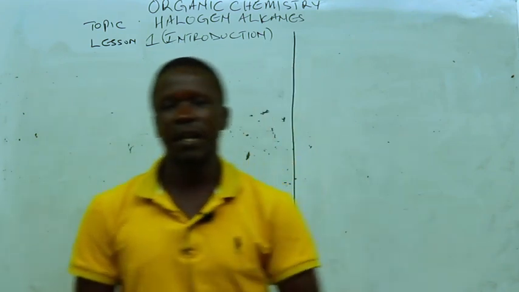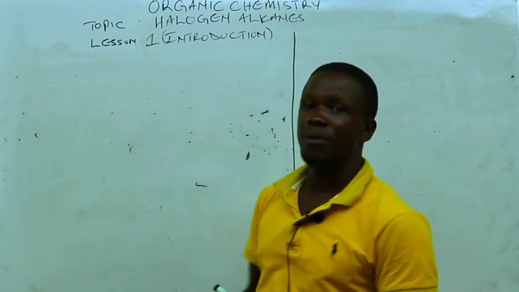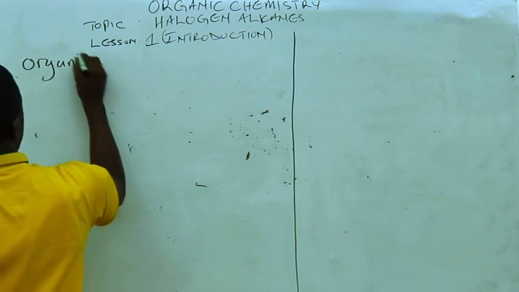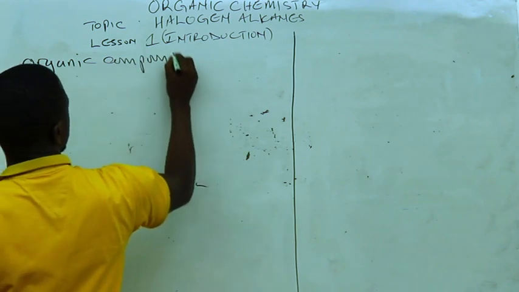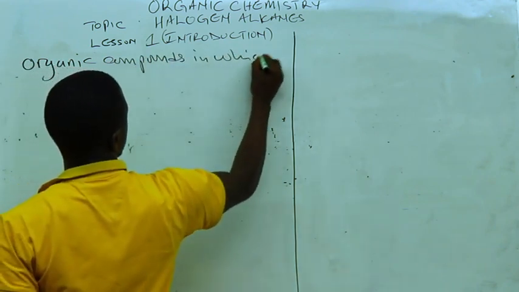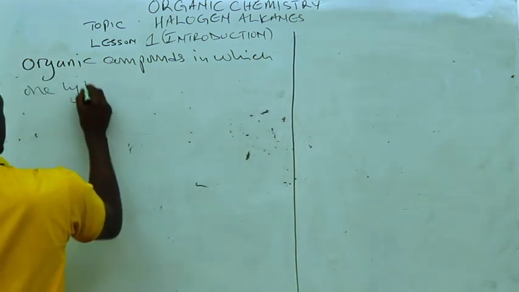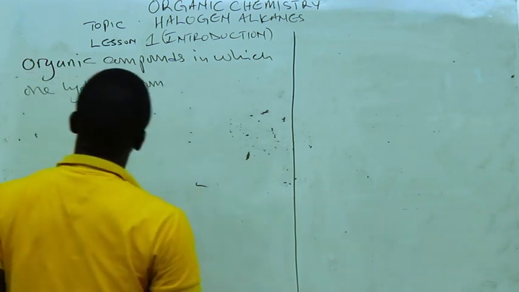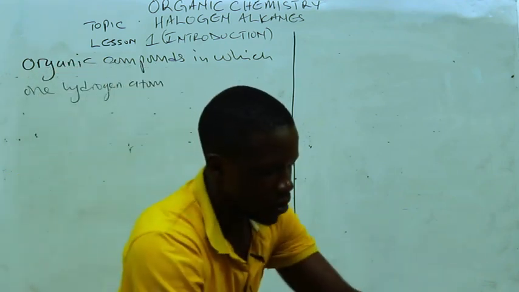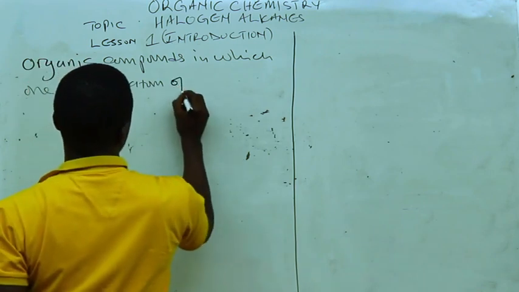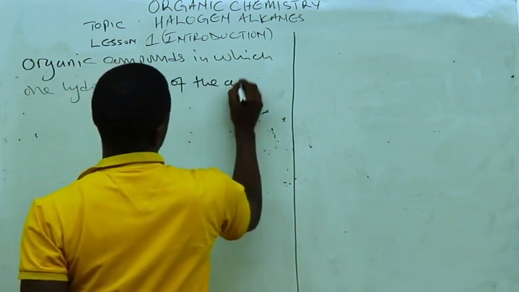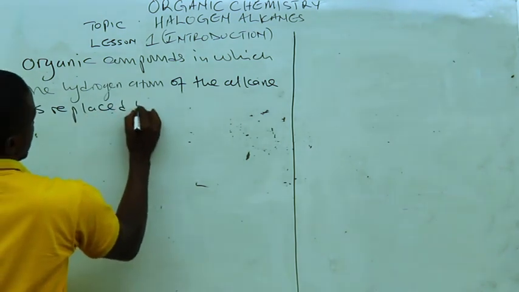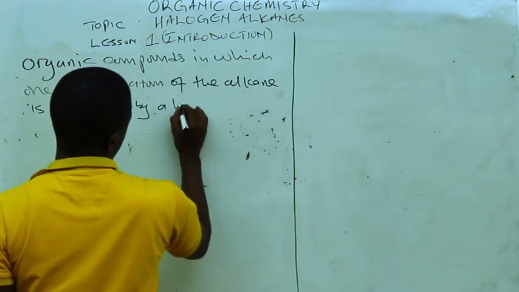And I would say that these are organic compounds in which one hydrogen atom of the alkane is replaced by a halogen atom.